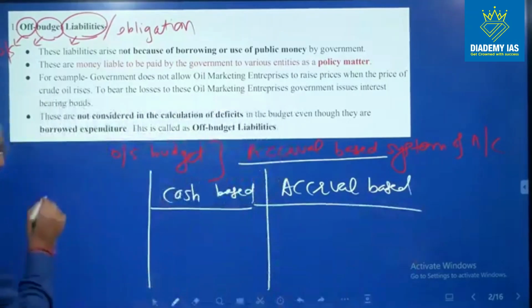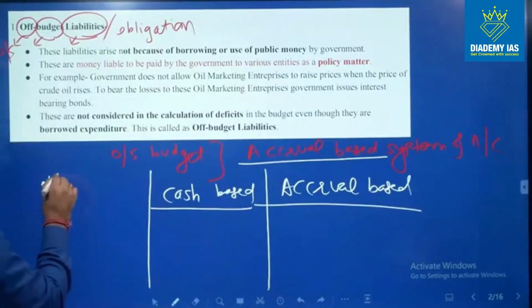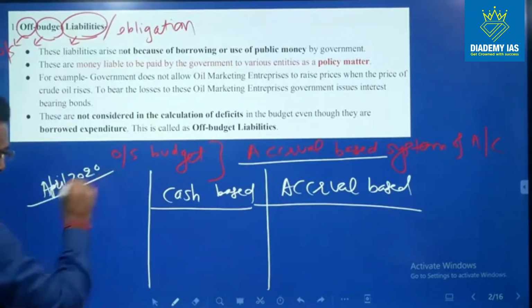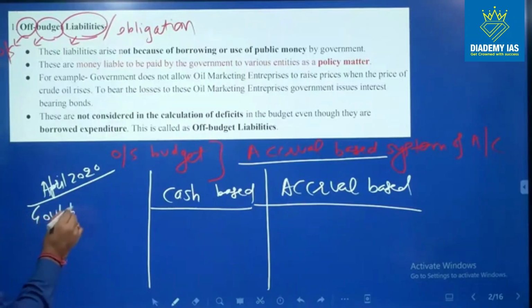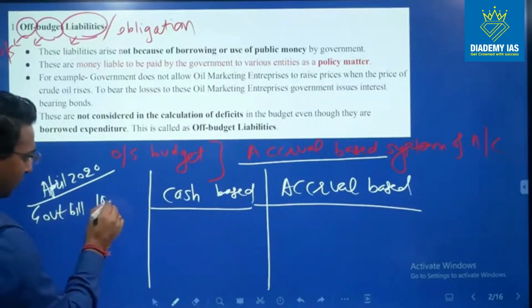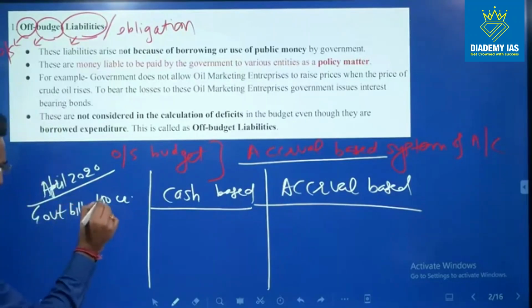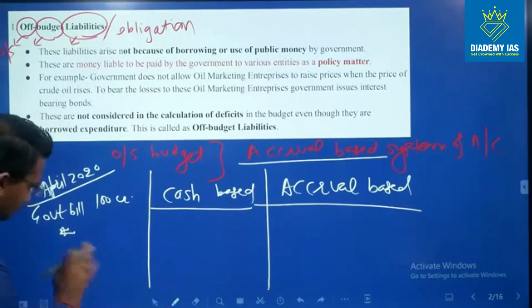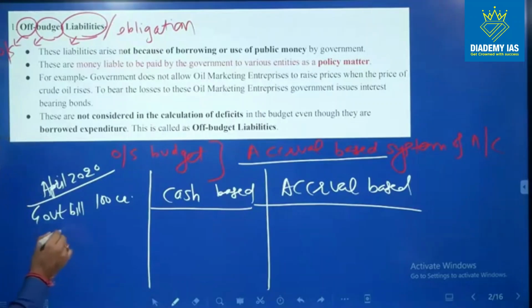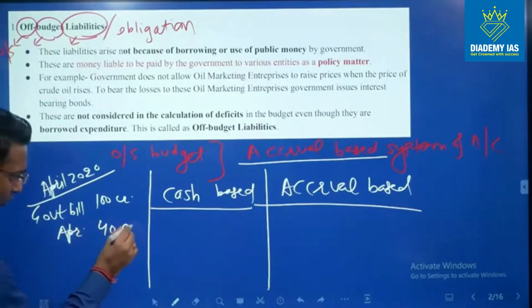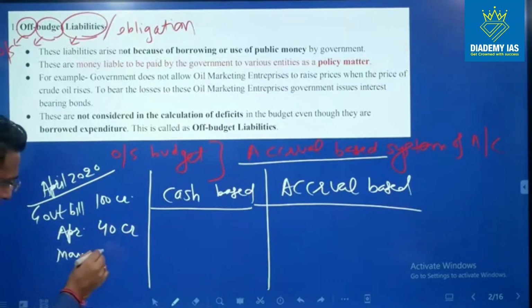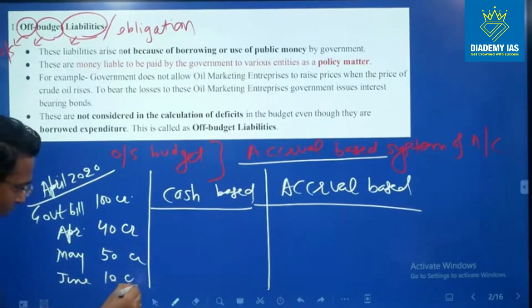Suppose in the month of April 2020, the government gets a bill of 100 crore rupees from a road contractor. Out of this 100 crore bill, the government pays in the month of April 40 crore, in the month of May only 50 crore, and in the month of June the rest 10 crore.